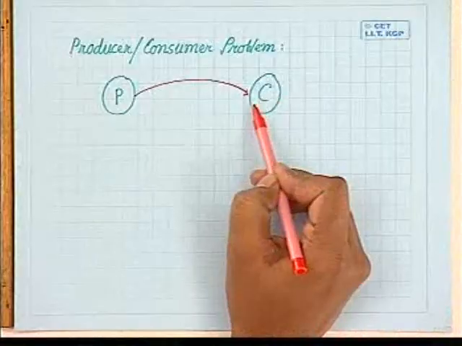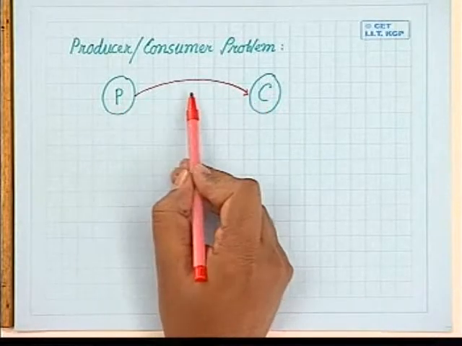A typical example of this producer-consumer process is the printer. We can say that the computer is the producer, because whenever we want to take printouts of some file, it is the computer which sends the data to the printer, and the printer prints that data file. So in that case the computer is a producer and the printer is a consumer.